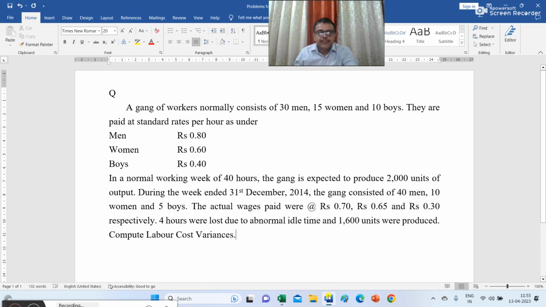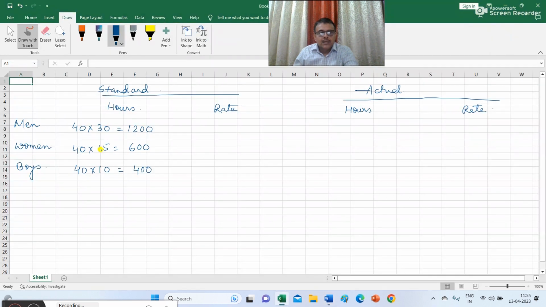Let me show you here. A gang of workers normally consists of 30 men, 15 women, and 10 boys. So this is standard. It is expected that there will be 30 men, 15 women, and 10 boys. And in a normal working week, there are 40 hours in a week.